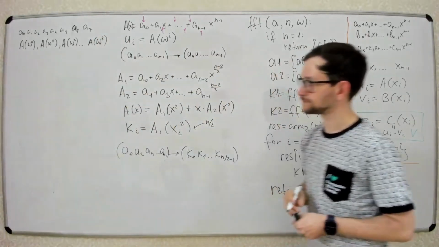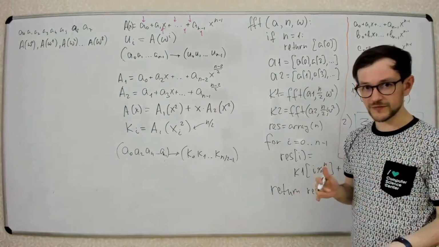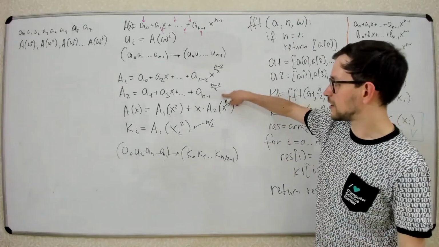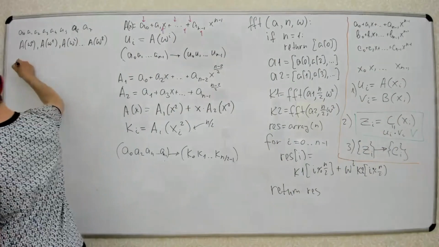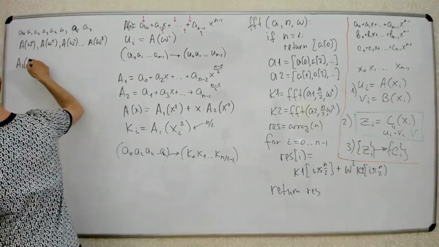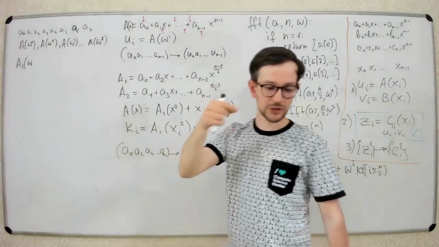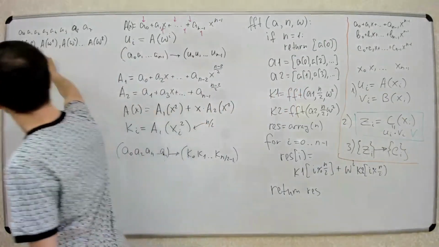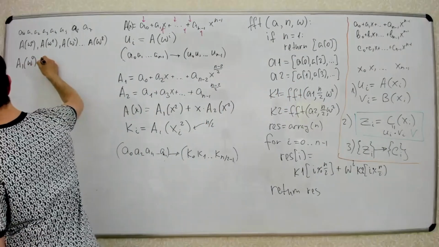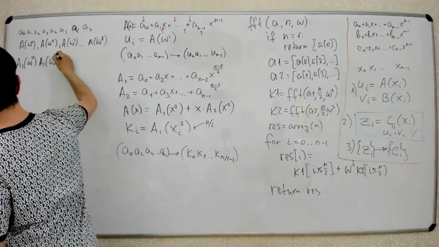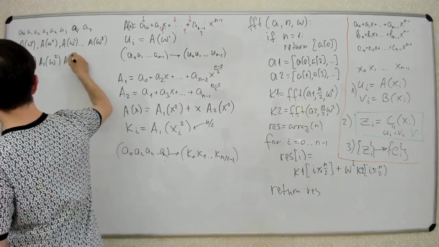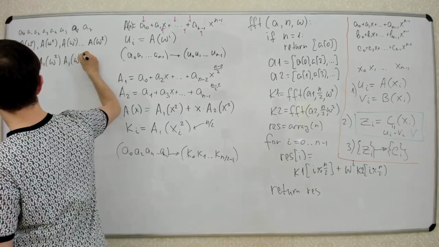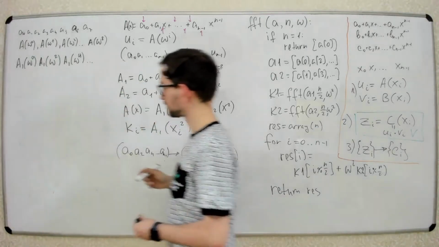To calculate this value, I need to know the values of polynomials A1 and A2 in this point. So I need to find polynomial A1 in point W power 0, A1 in point W power 2, A1 in point W power 4, and so on.